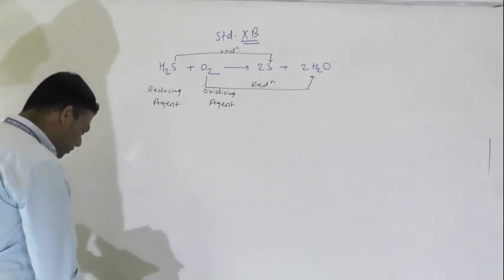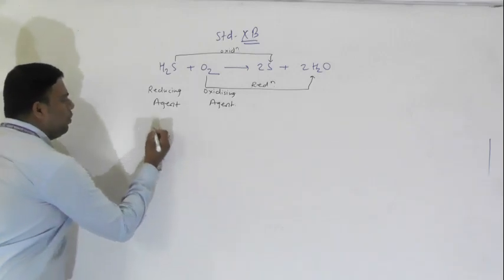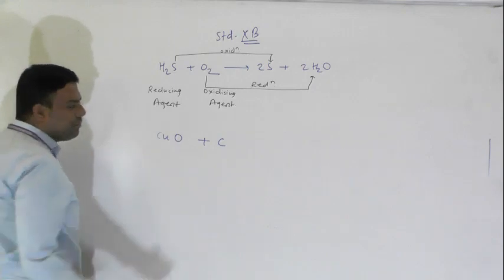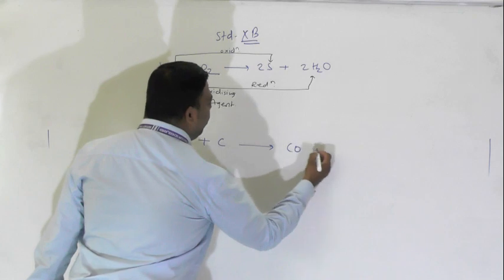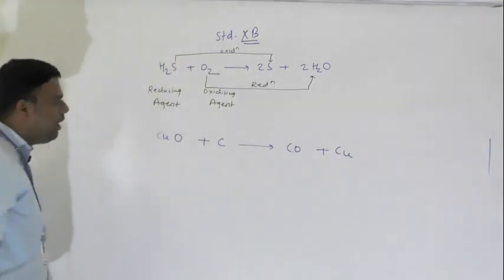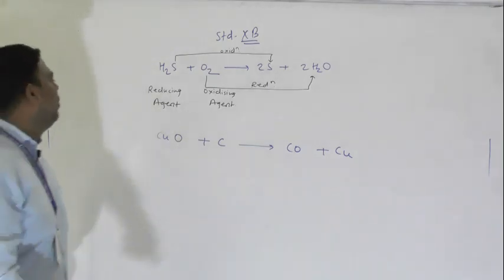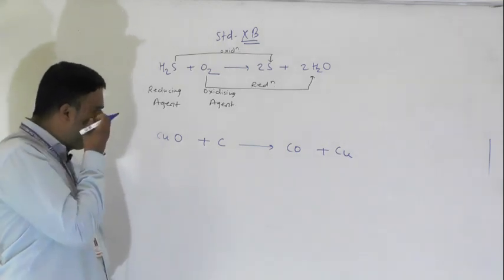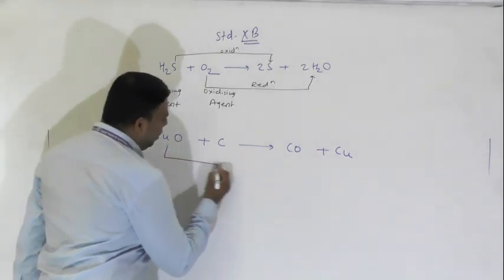Now see one more example. CuO plus carbon gives CO plus Cu. Now see what will happen in this example. We can easily justify it.